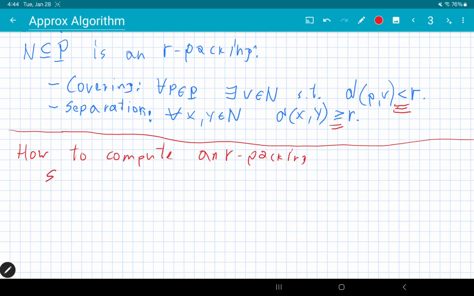You start with an empty set, and then you go over all the points of P, and if the distance of p to the current net is larger or equal to R, then we add the point to the packing.